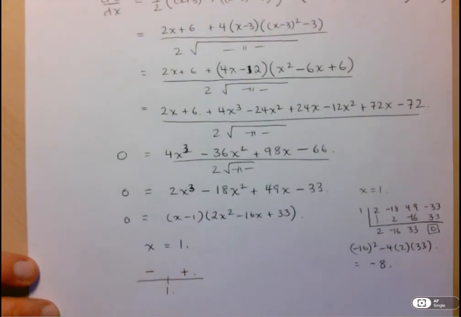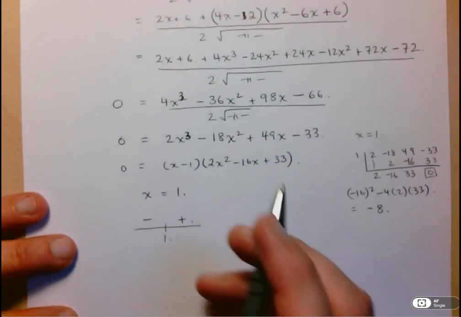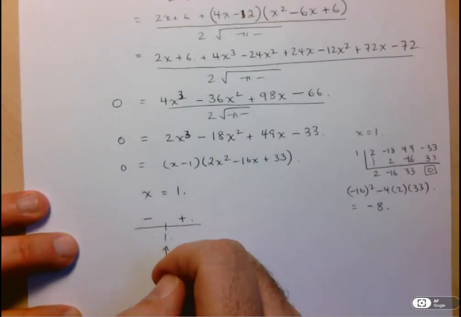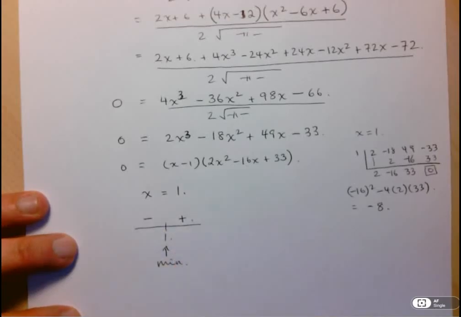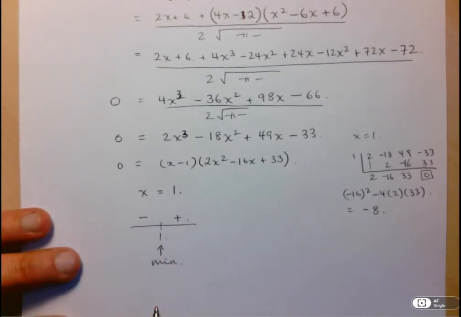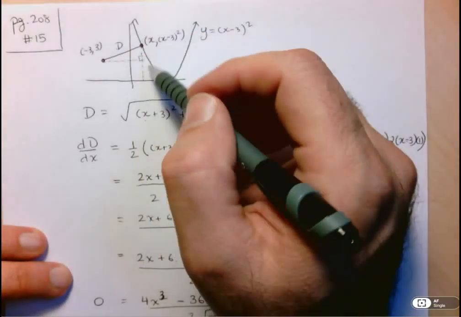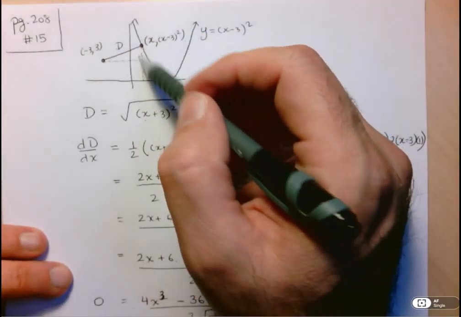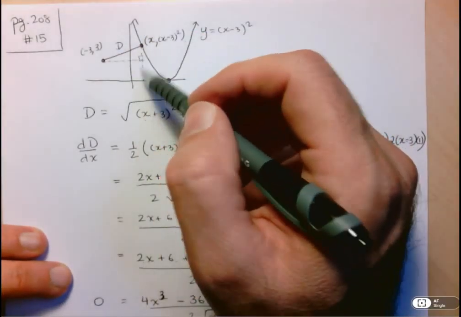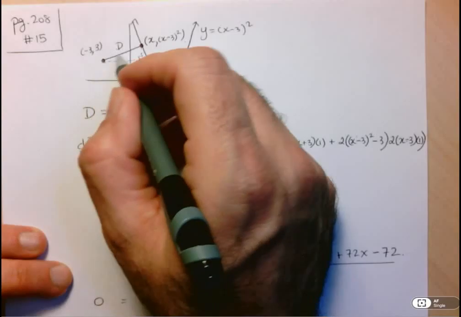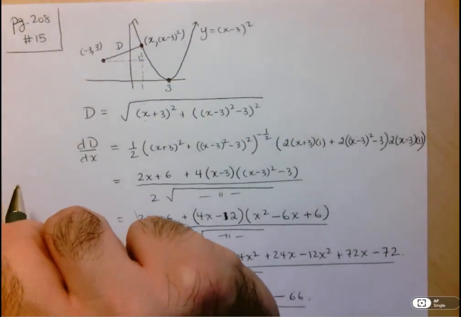Again, I didn't worry about the denominator because the denominator is always positive. Therefore, this represents a minimum. Okay, so now we know that it's at x equals 1. Actually, looks pretty close to where I drew it. At x equals 1 is where the distance is going to be a minimum.